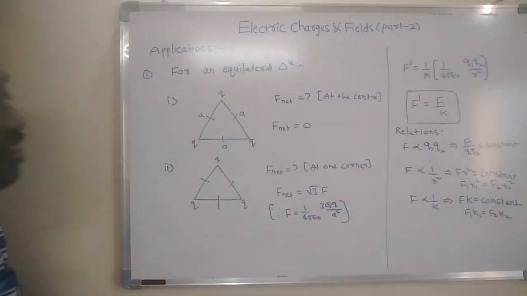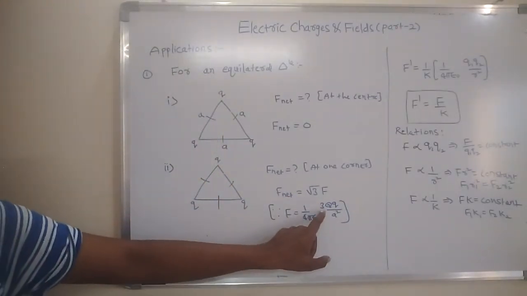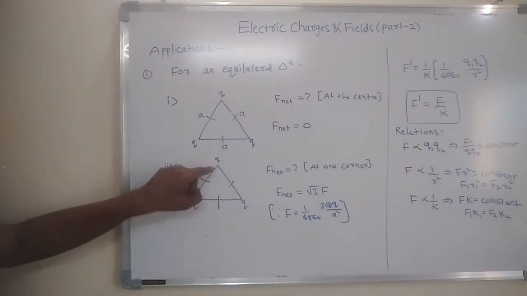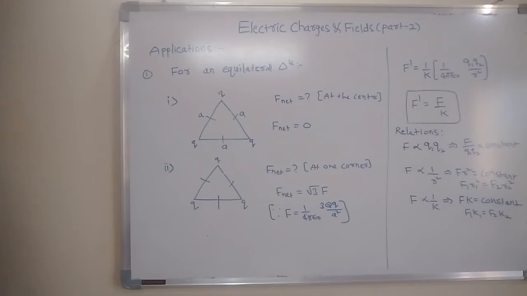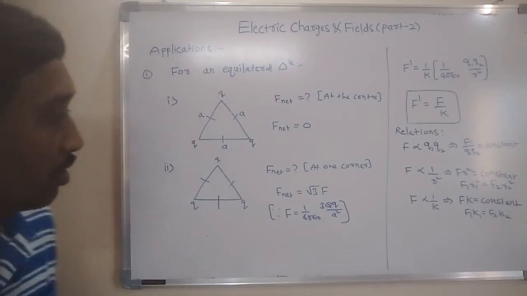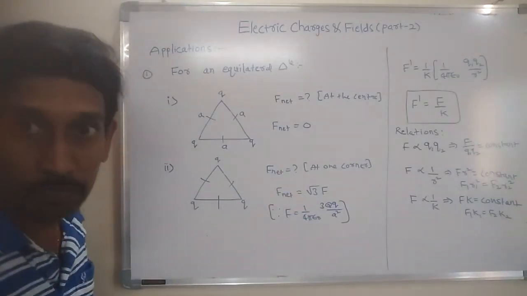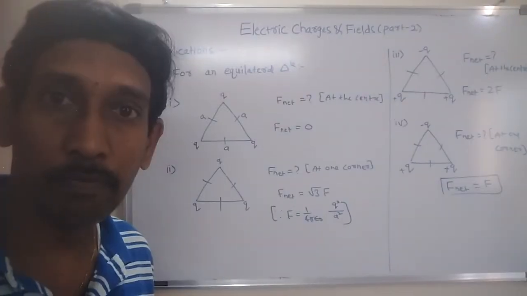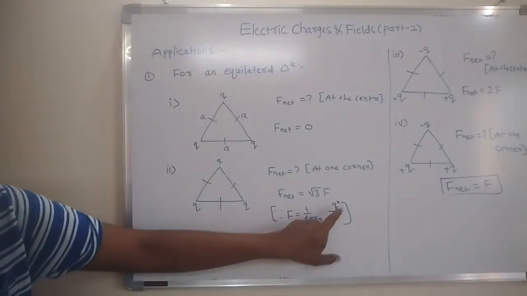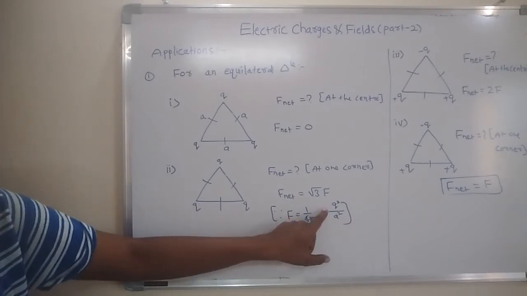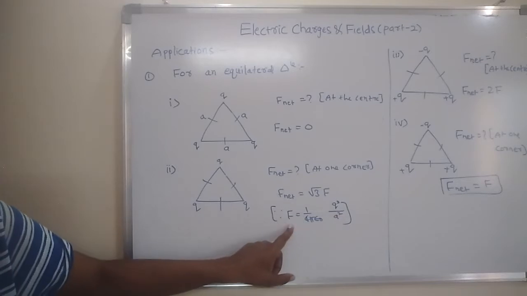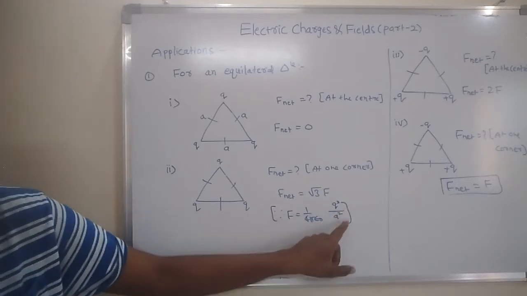F is equal to 1 by 4 pi epsilon naught into 3 capital Q small q by a square. I'm sorry, here this is not right. Actually, here F is equal to 1 by 4 pi epsilon naught into q square by a square. This is not root 3 capital Q small q square by a square, but F is equal to 1 by 4 pi epsilon naught into q square by a square.